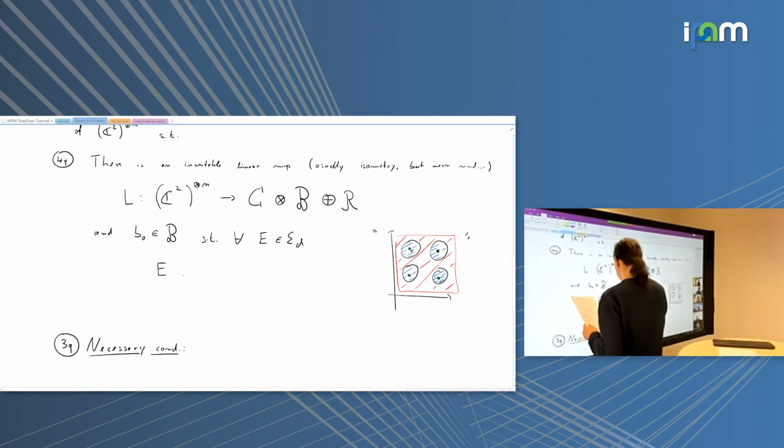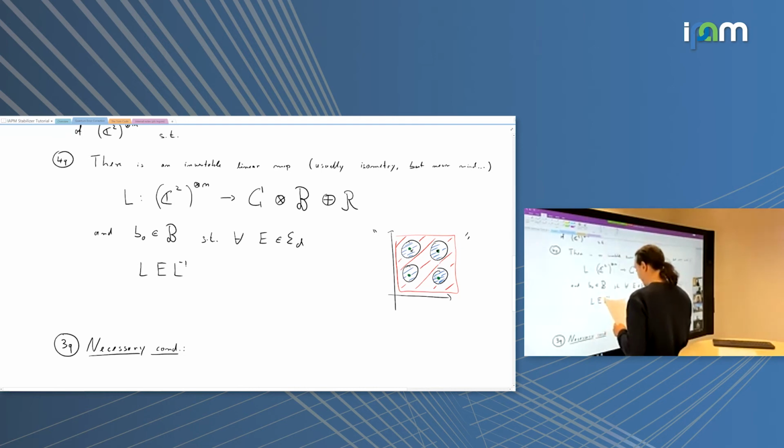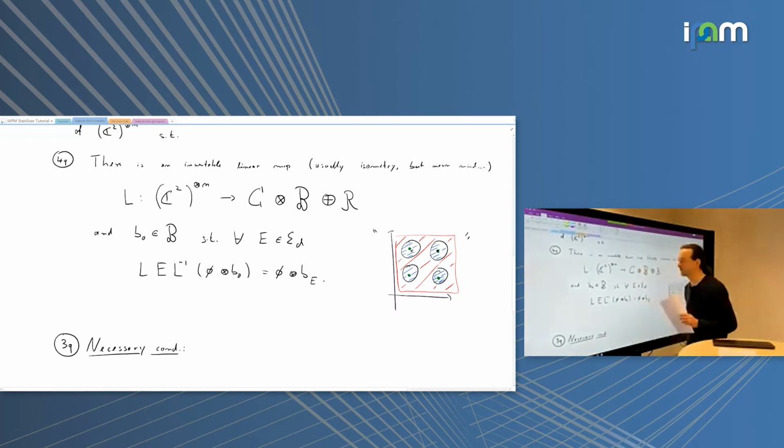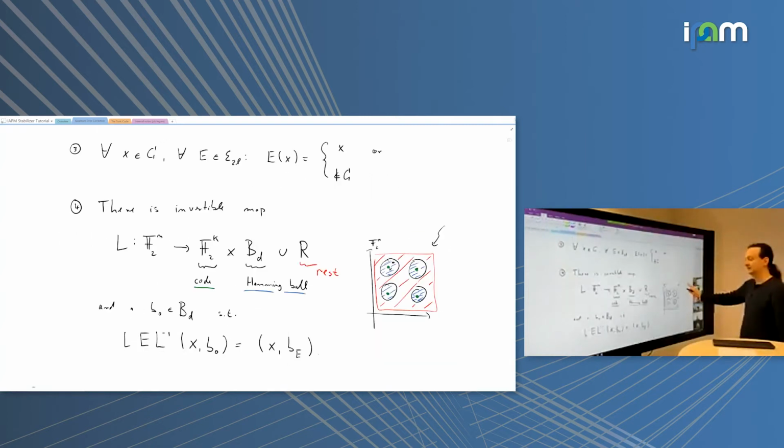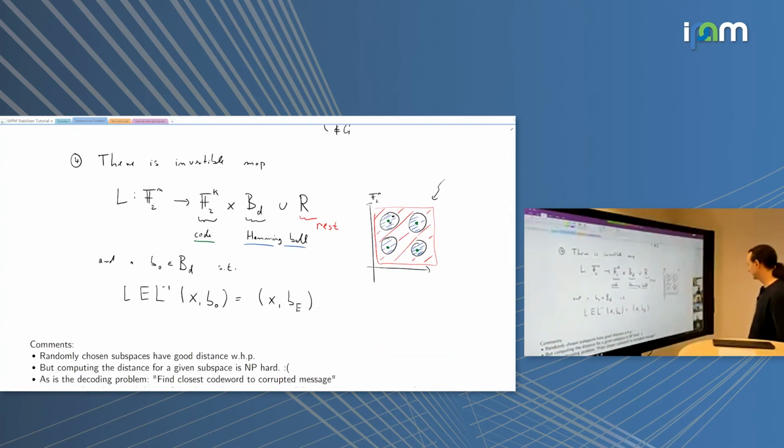If I express the action of the error in this representation of the tensor product space, and if this acts on some encoded message phi, tensor the origin of the bad space, so no error has occurred, then the error again just acts on the second factor, on the bad space, BE. Okay, so that is the quantum error correction condition. I can switch back so that you can compare, and it's really just the same as I had before.